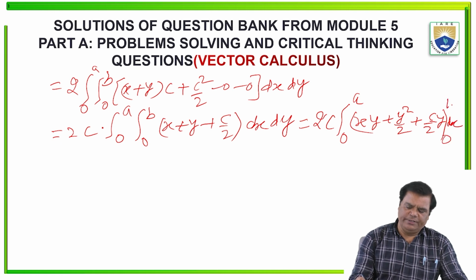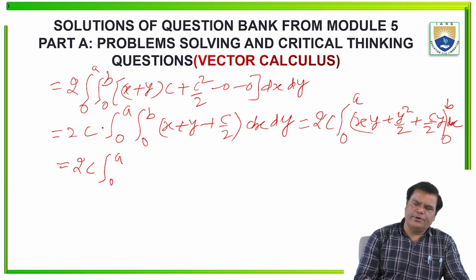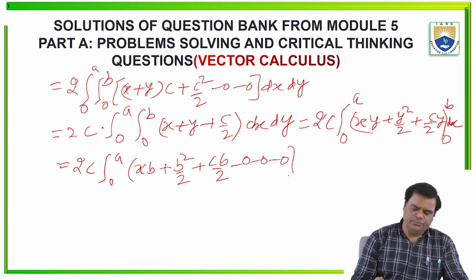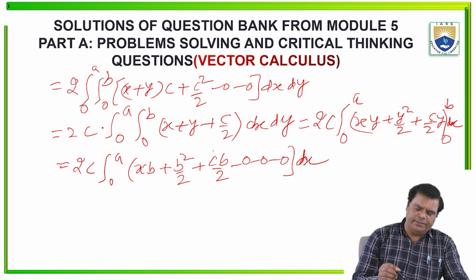Integrate limit 0 to b. So this is equal to 2c integration 0 to a, and now putting limit y equal to b and 0. So here x into b plus b square by 2 plus cb by 2, and here dx, minus 0 minus 0 minus 0. So here is dx. Lower limit is 0, so putting y equal to 0 everywhere, we get c into b by 2.